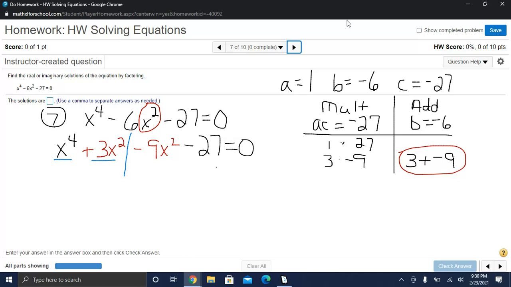We can factor out an x squared. So x squared, leaving me with a factor of x squared, because I subtract my exponents, plus, and these will cancel, x squareds, and I'll have x squared plus 3. My next 2 will divide by negative 9.